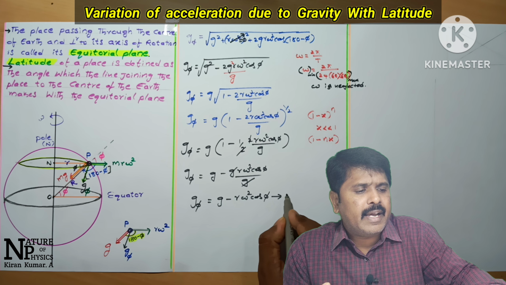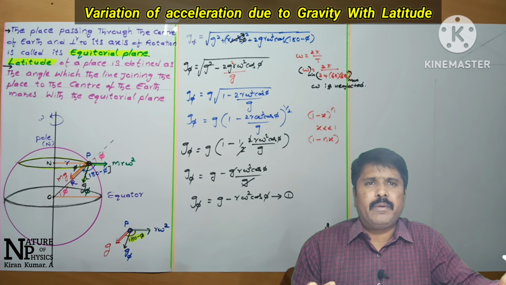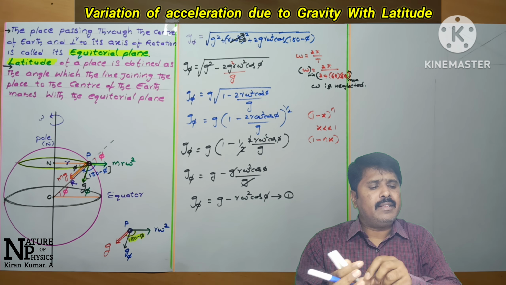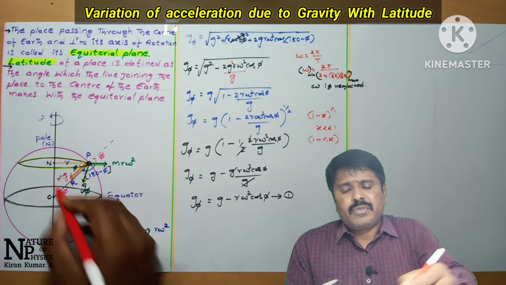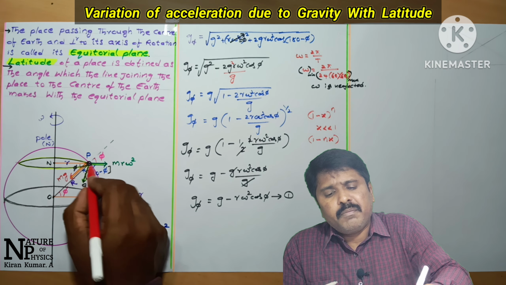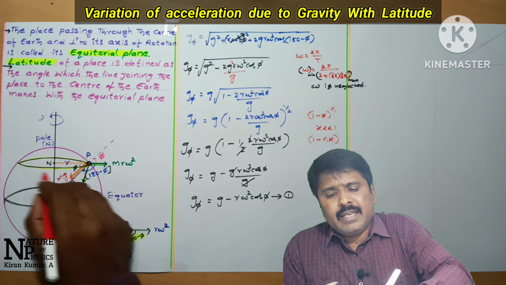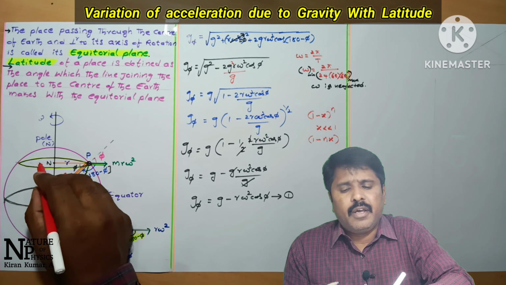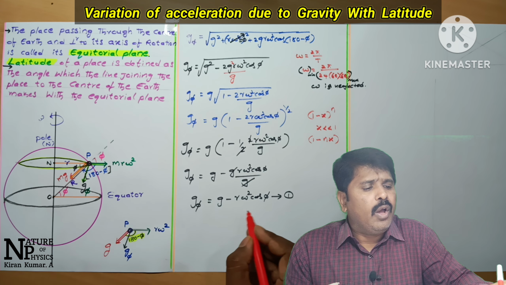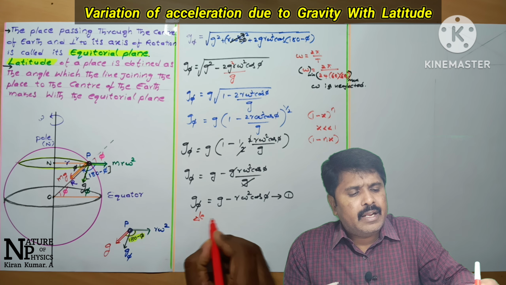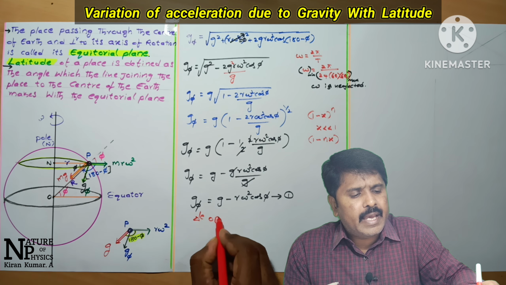This I can write as equation number 1. Okay, student, in this equation I wanted to replace the small r value. With respect to small r, at position N the particle is in a circular path around the earth, because the earth is rotating with angular velocity omega. So the triangle is OPN.